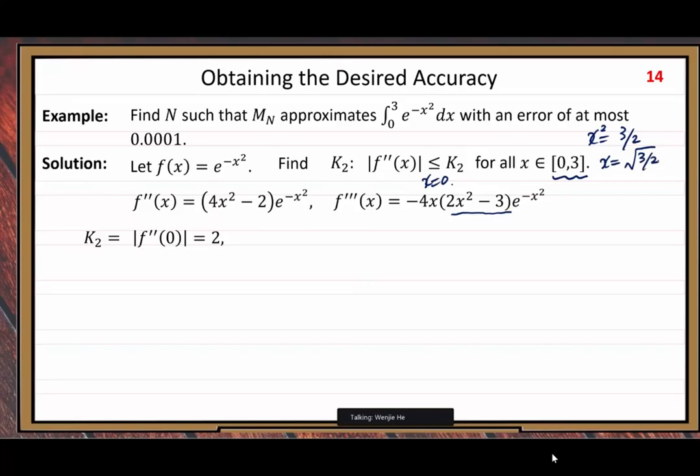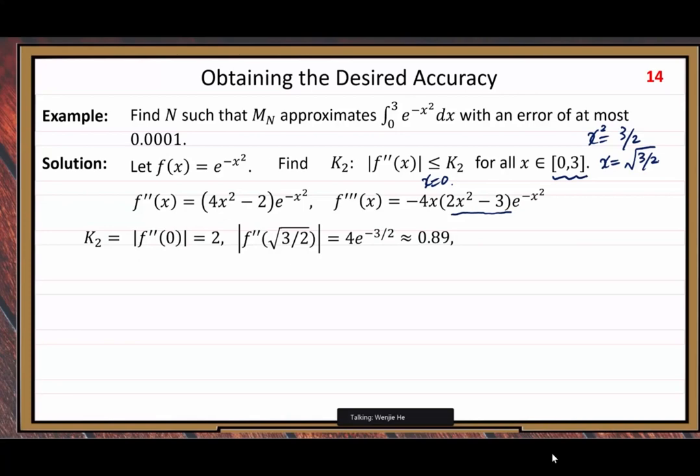Now let's calculate the f double prime values at these two critical points. At 0, the value is 2. At the second critical point, the numerical value is 0.89, much smaller than 2.